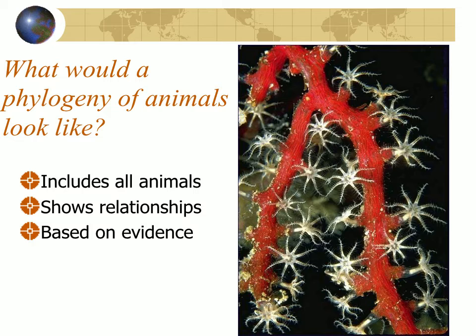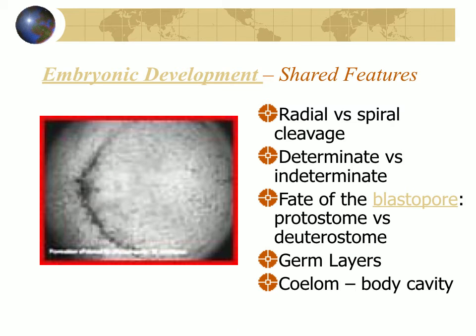But what does an animal phylogeny look like? It's going to show the relationships and be based on evidence. And one of the most unusual pieces of evidence is embryonic development. All multicellular animals start out as a fertilized egg that goes through mitosis, which we call cleavage.